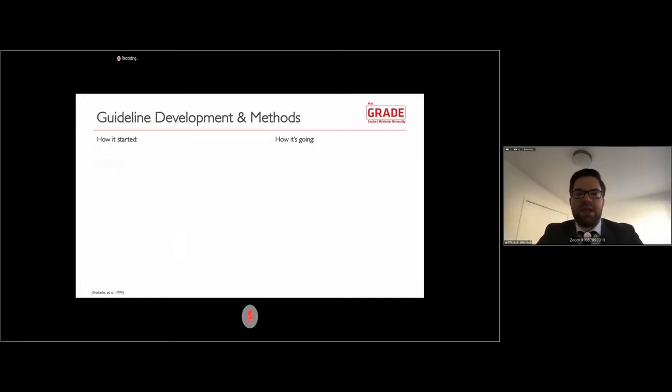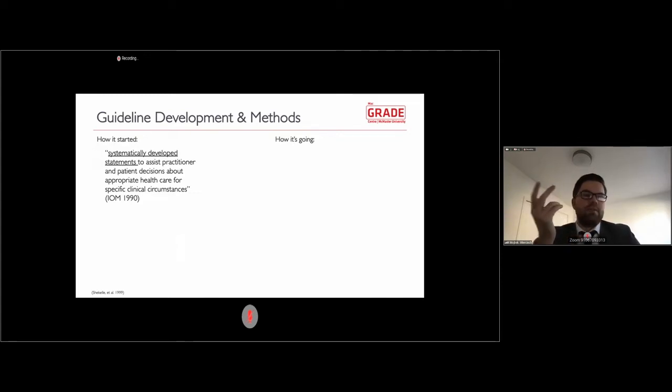So in terms of guidelines and methods for guideline development, in 1990, the Institute of Medicine defined guidelines simply as systematically developed statements to assist practitioner and patient decisions about appropriate health care for specific clinical circumstances.